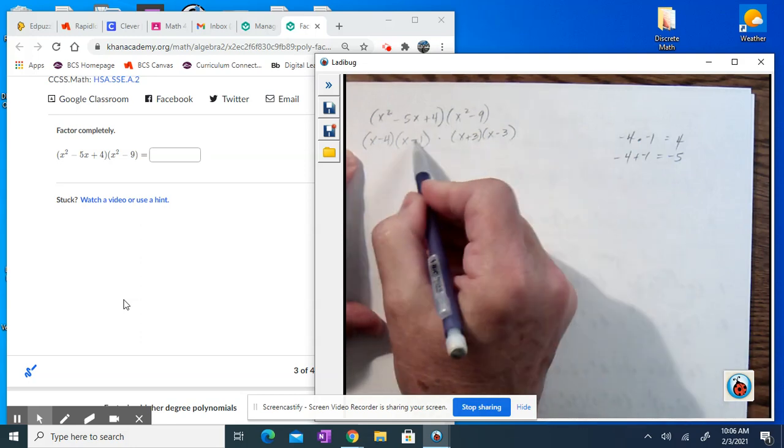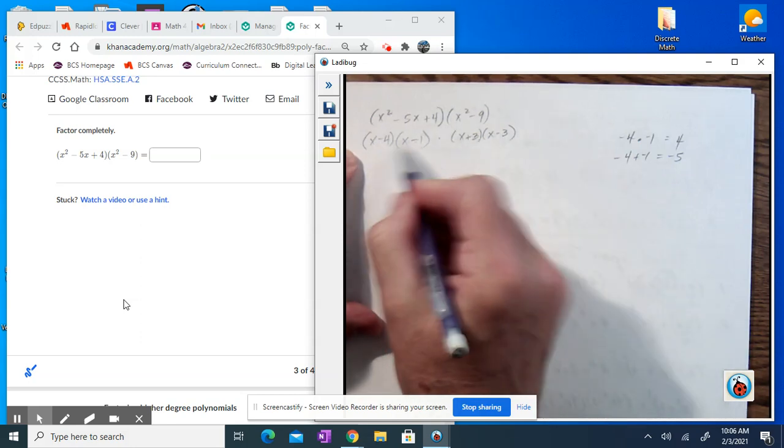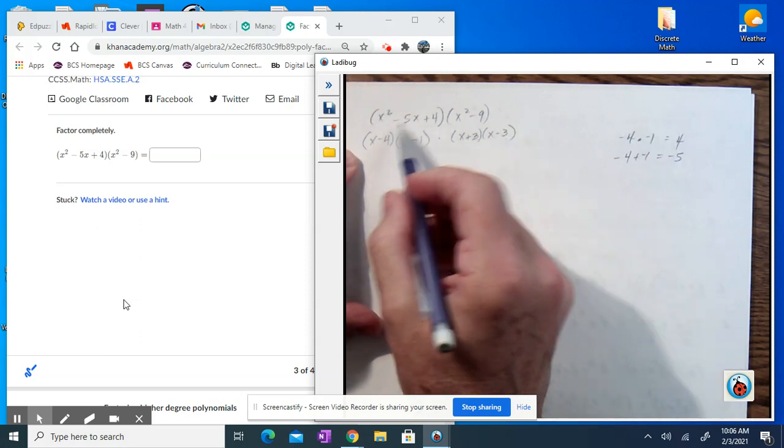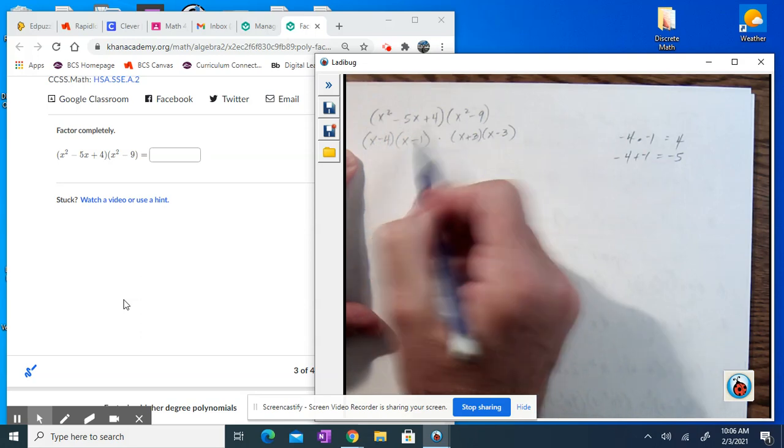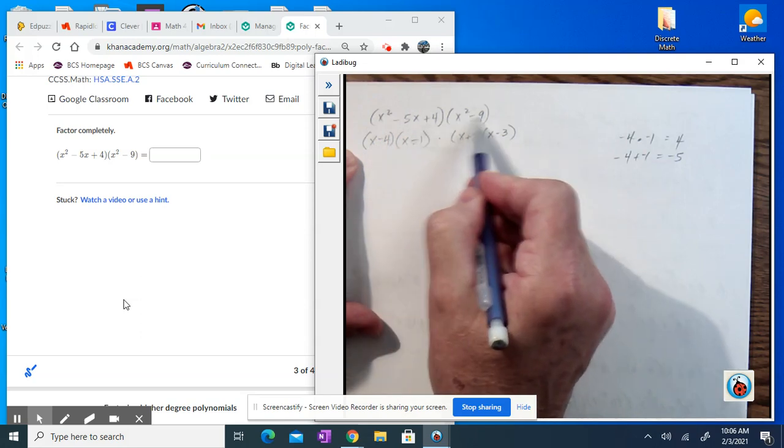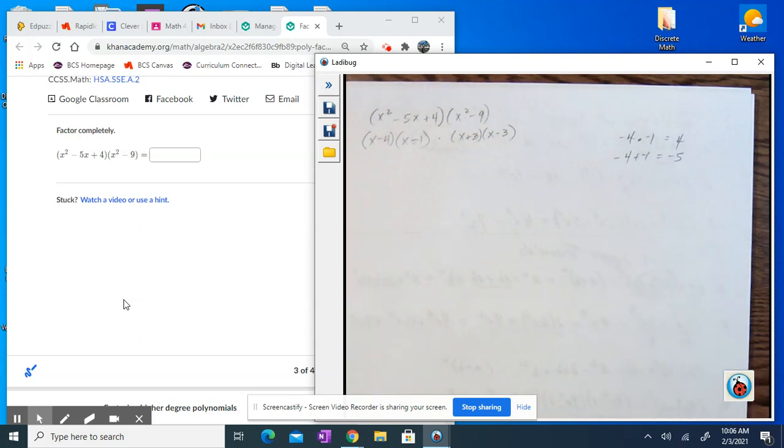Right, so now we've got these four factors here. We broke this trinomial down into these two factors, and we broke this binomial down into these two factors.